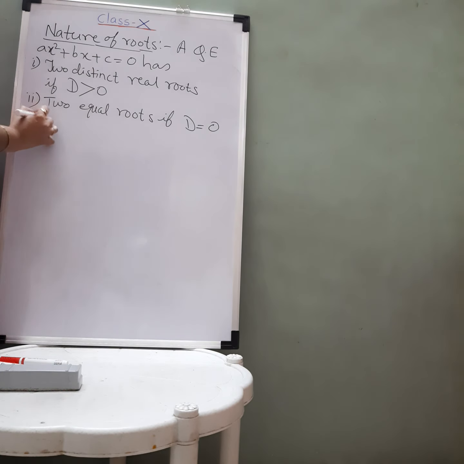You must remember these three conditions. Only with these three conditions and the quadratic formula can you find the roots of the quadratic equation by using the quadratic formula. Now we will take two or three examples.